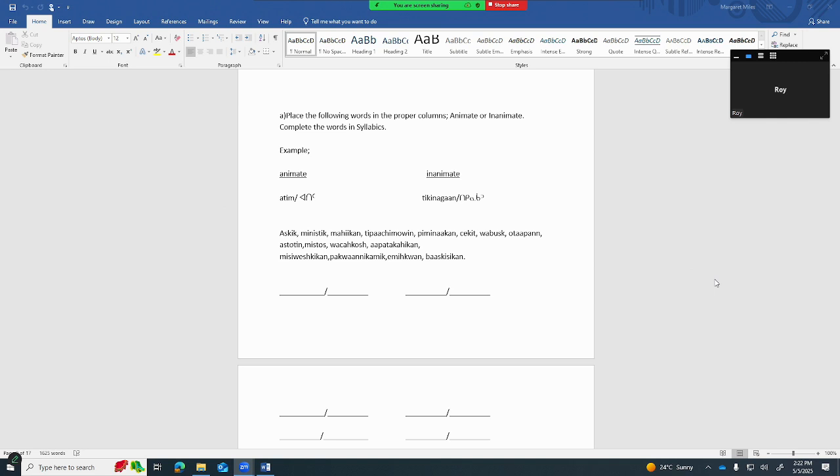Astutin. Mistos. Watsakus. Abistagahigan.